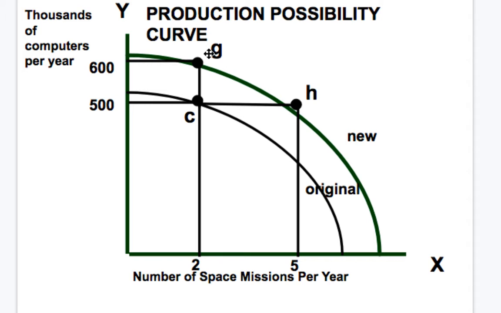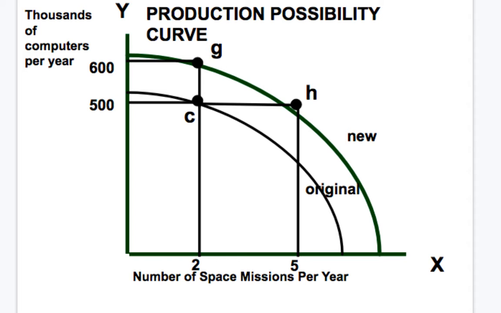That being said, if we still use the new curve and we have 500 computers per year, we're able to create 5 missions per year in space. So we have the same idea of movement along that curve or frontier because of the new technologies and the changes that are out there.